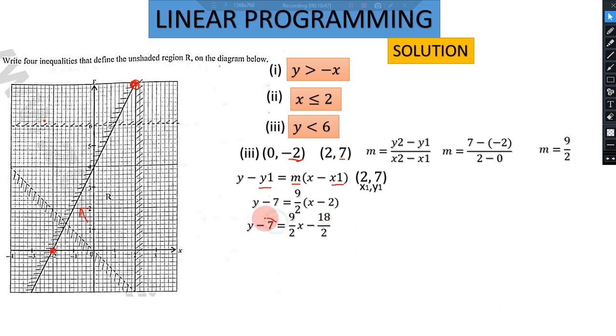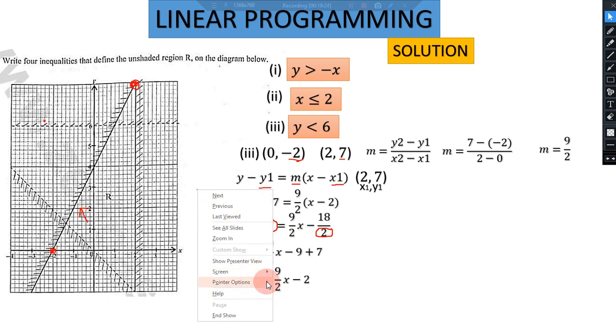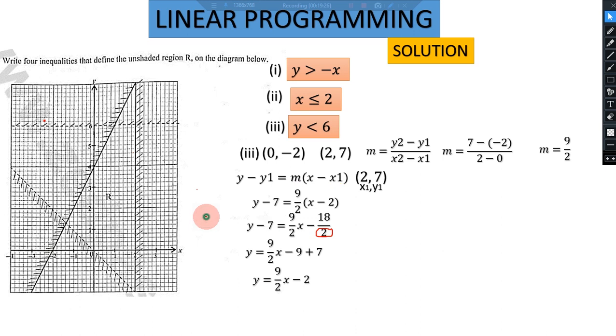This side we want to remain with just y, so the -7 crosses the equal sign and becomes +7. The 2 goes into 18 nine times, so this will just be -9 plus 7. We take the sign of the bigger number and subtract, so we have -2.